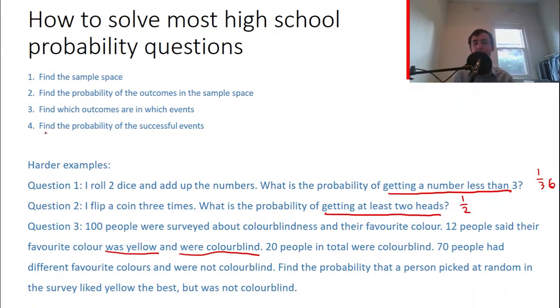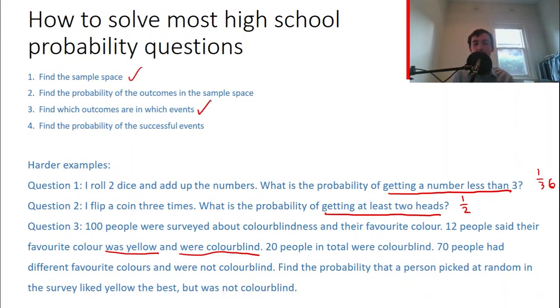Sorry, what am I saying? Question 3. We're up to question 3. Ultimately what we're trying to do is find the probability that a person picked at random in the survey liked yellow the best, but was not colorblind. So we've drawn a map of the sample space.